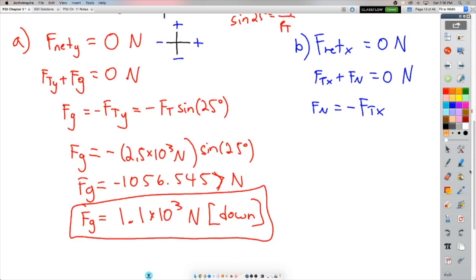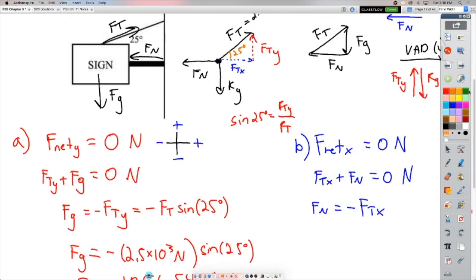So if the normal force equals the negative x component of the tension force, what is Ftx? Let's go back to our triangle. Ftx is the adjacent side. So cos of 25 equals adjacent Ftx over hypotenuse Ft, and so Ftx equals cos 25 times Ft.